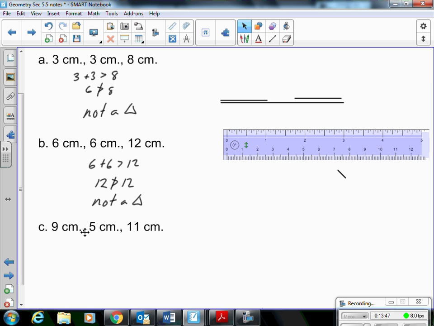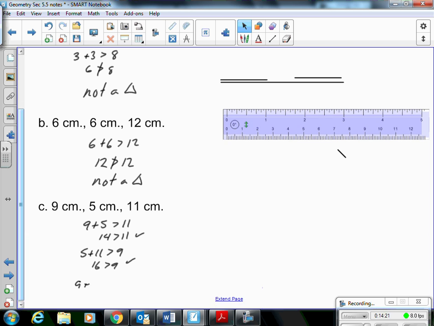and the last one, 9, 5, and 11. So if I take 9 plus 5, that's greater than 11, or 14 is greater than 11, which that works, right? And we could do that with any pair of them on this one. So 5 plus 11 would have to be greater than 9, which that's 16, which is greater than 9.